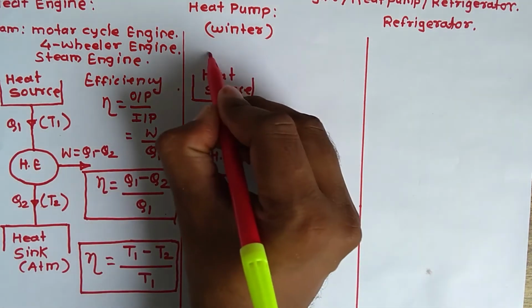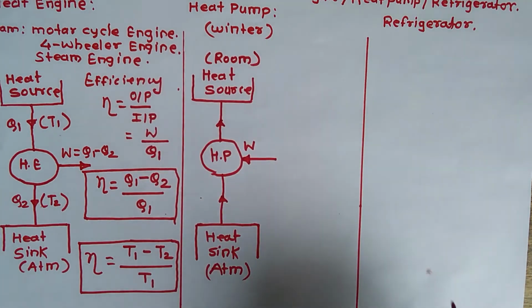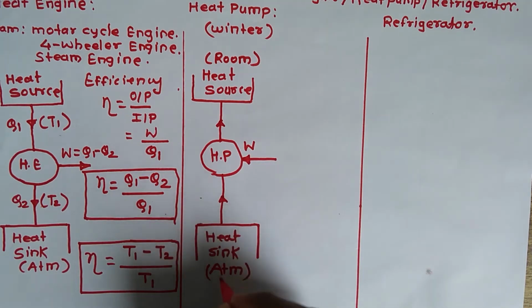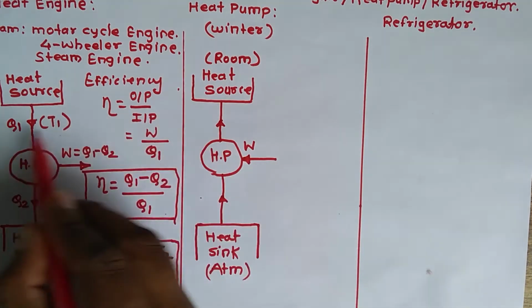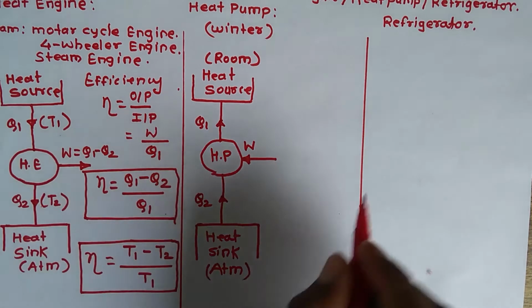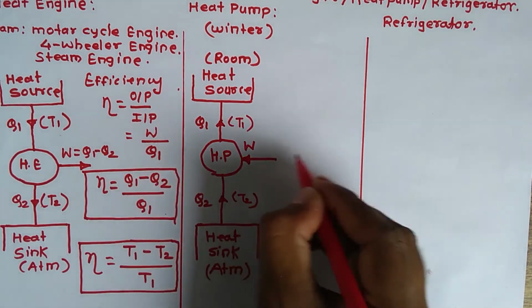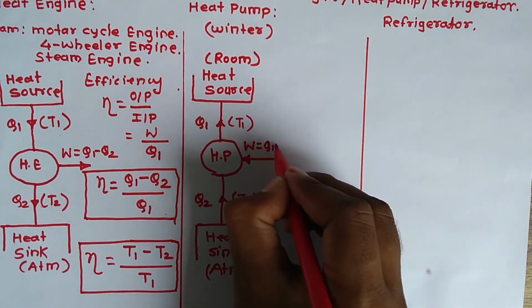That hot source is our room: in winter season we have to heat the room, so the room will be the hot source, because we add heat into the room by absorbing it from the atmosphere. So we take heat from the atmosphere and supply it to the room. Here this is Q1, this will be Q2, this will be T1, this will be T2. Now the work we have to supply will be W. This will be Q1 minus Q2.